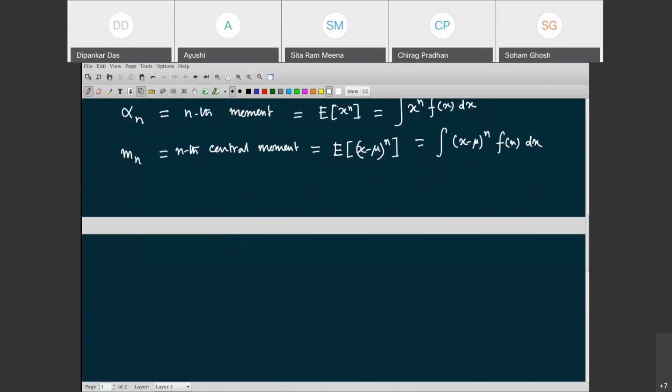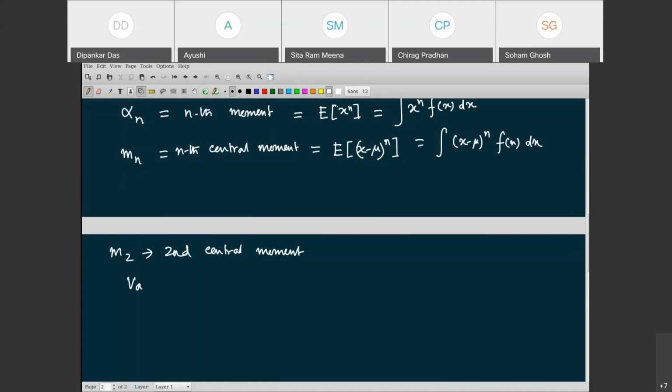So the central moment for n equals 2, the m2, which is the second central moment, is very important in judging the quality of measurements, which I will talk about in a moment. This is usually called the variance.